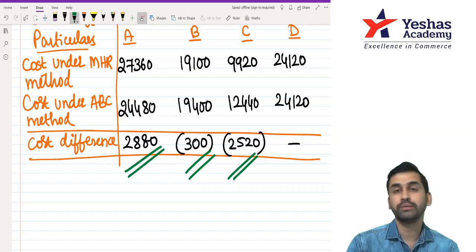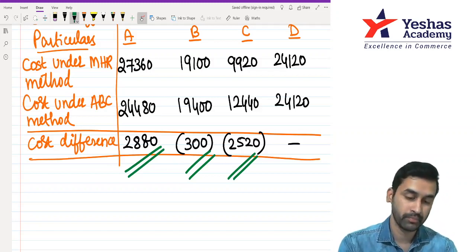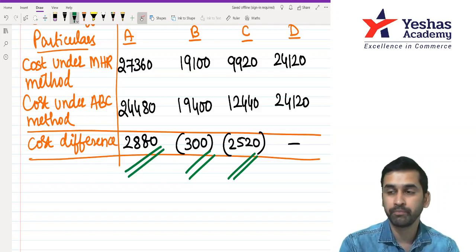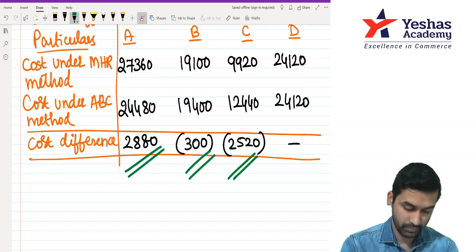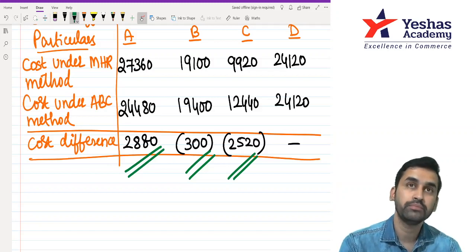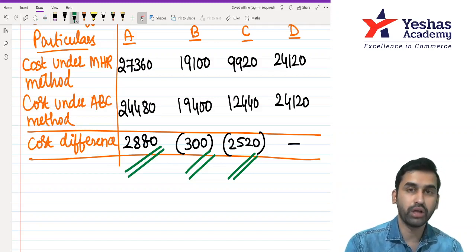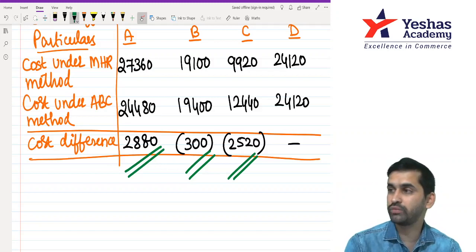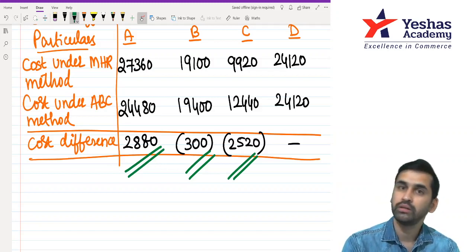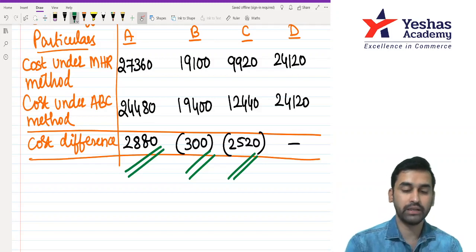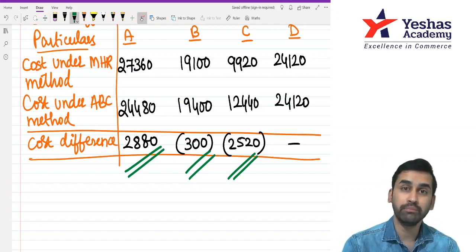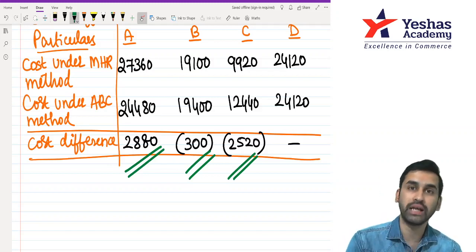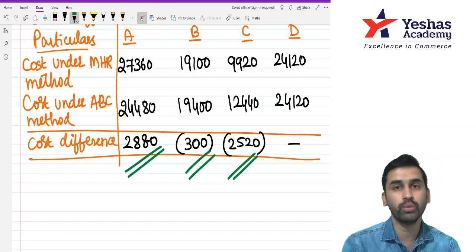The cost difference under MHR method and ABC method is because of the fact that MHR method considers, in inverted commas, "time" as the basis for overhead estimation.